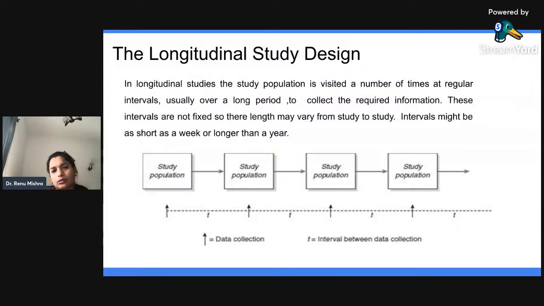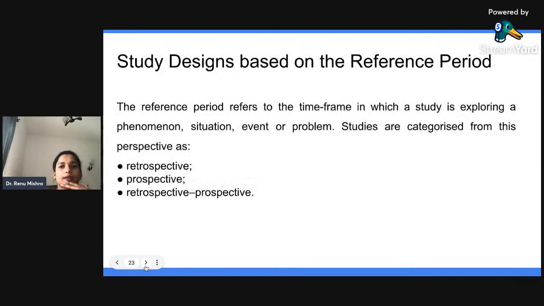That depends upon your research. So in longitudinal studies you approach the same sample, same population, again and again. The population remains the same. This is to be noted.